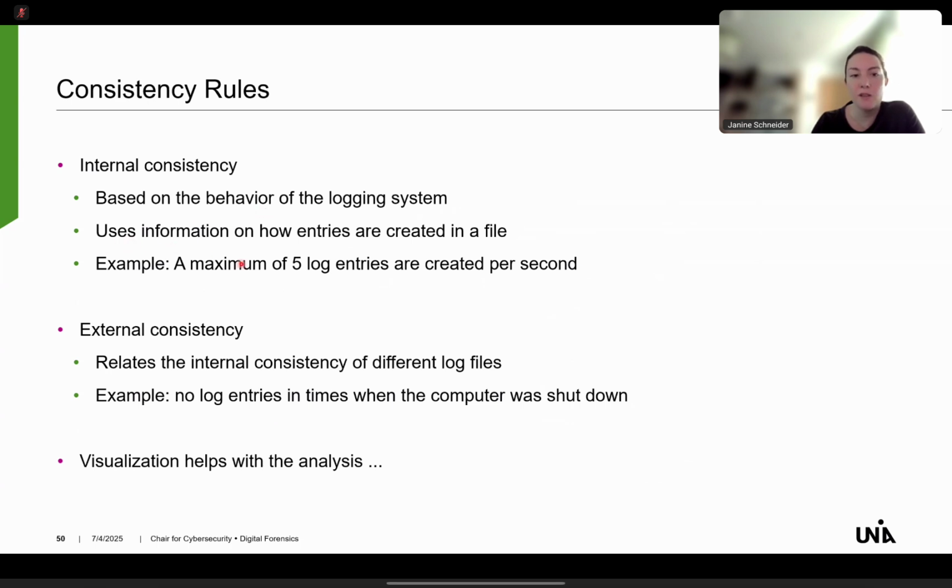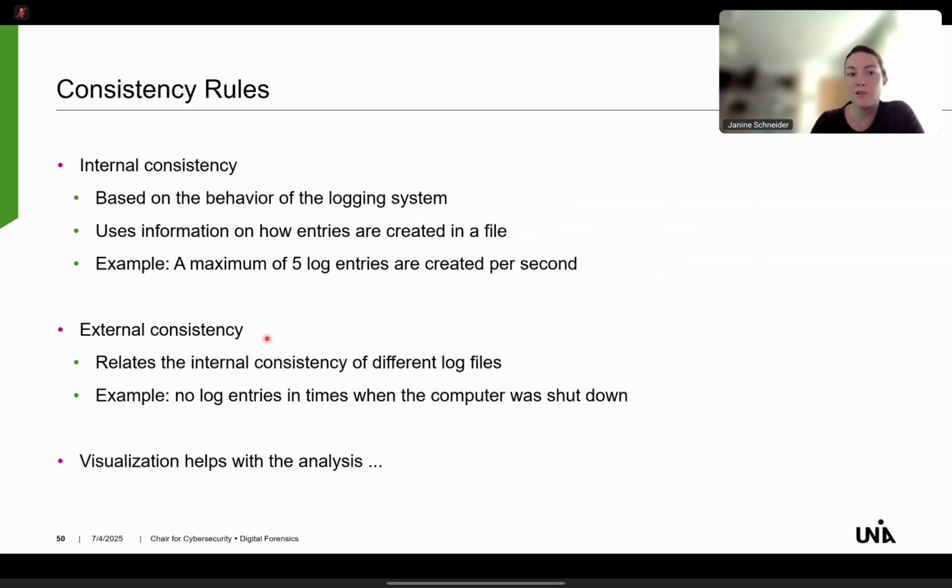For example, you can use information about how entries are generated or created in a file. For example, a maximum of 5 log entries are created per second. If you can find more than 5 log entries per second, then this is considered an inconsistency. This is just an example, not an actual thing, but rules like that can be used to check the internal consistency.